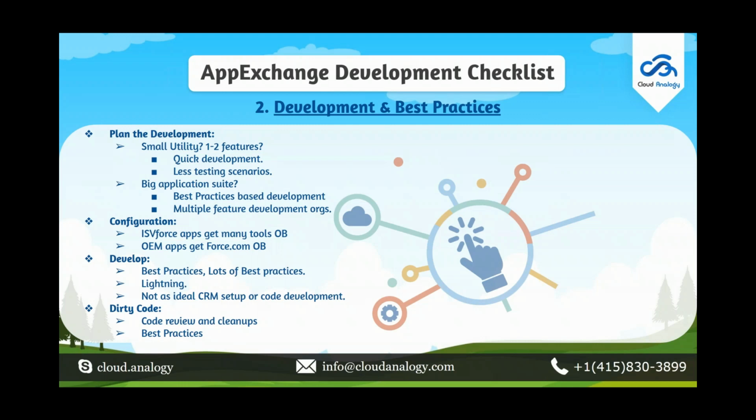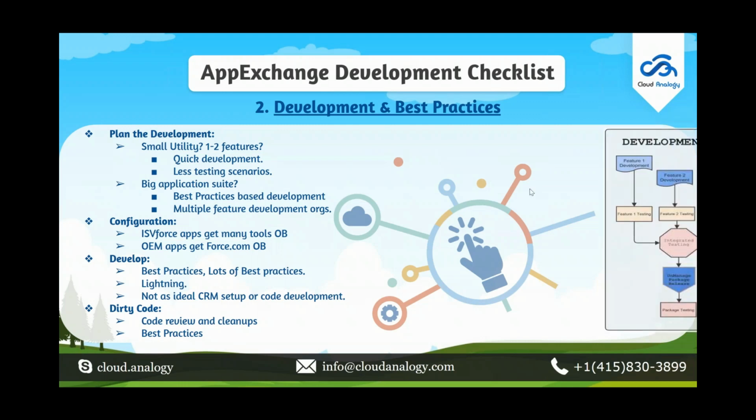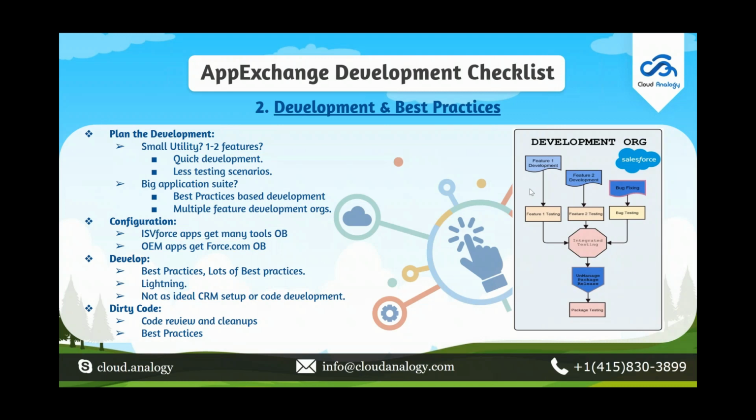But a big application, a complete suite solving a particular industry-based problem, definitely needs complete best-practices-based development, which might have a complete testing org or a complete feature development org for each feature.